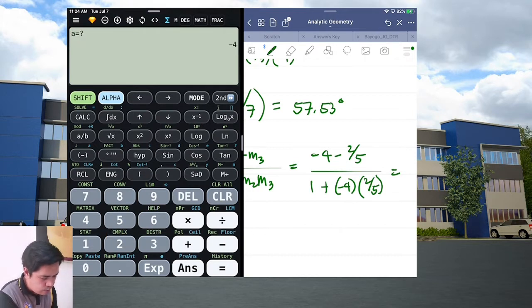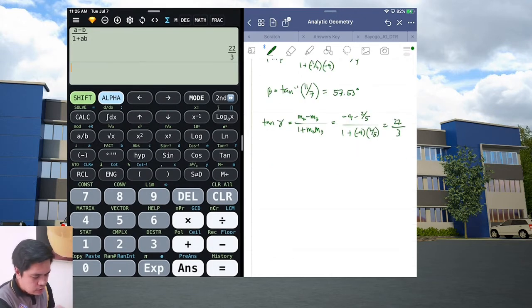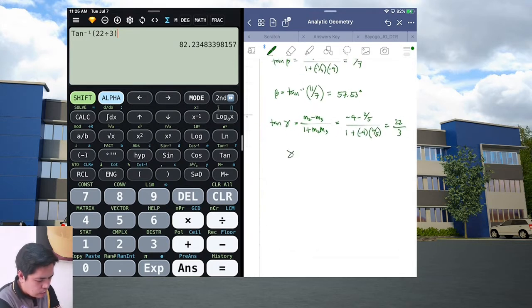A is negative 4, B is positive 2/5. So the answer is 22 over 3. So tangent gamma is 22 over 3. So the arctangent of 22 over 3 is this. Therefore, gamma, which is the arctangent of 22 over 3, is 82.23 degrees.